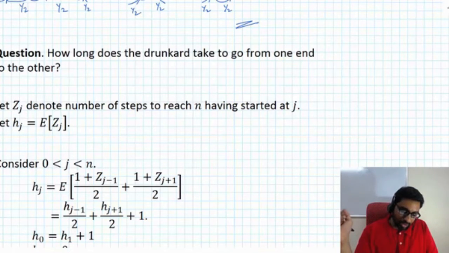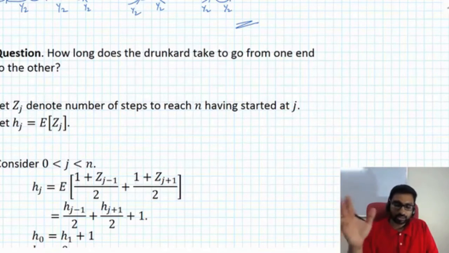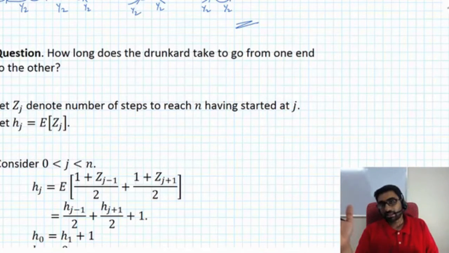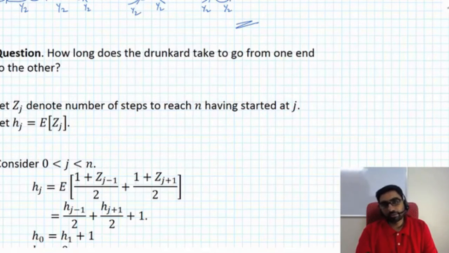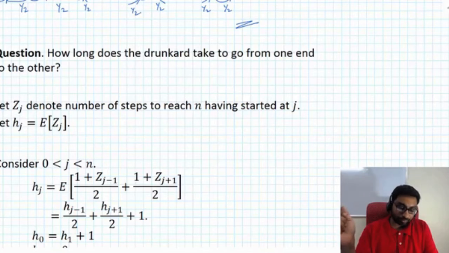Let's use the random variable Z_j to denote the number of steps that the drunkard will have to take, these random steps, to reach state n, having started at state j. Since he's doing a random walk, sometimes he'd be moving backwards, sometimes forwards. So we want to know how long it will take before he reaches n.